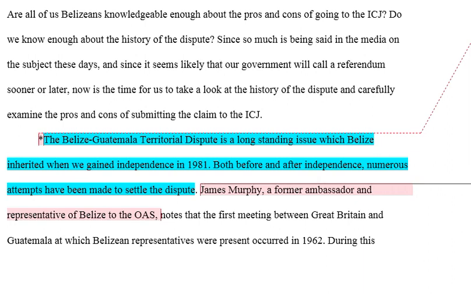So by stating that James Murphy is a former ambassador and representative to the OAS, Belize representative to the OAS, your reader or the reader of this paper can assume that he is knowledgeable on the topic of the Belize-Guatemala dispute.